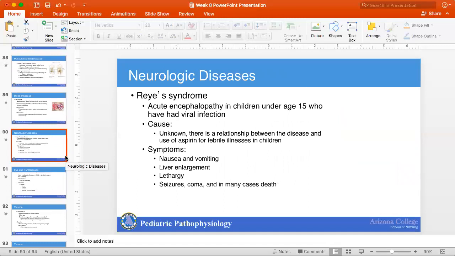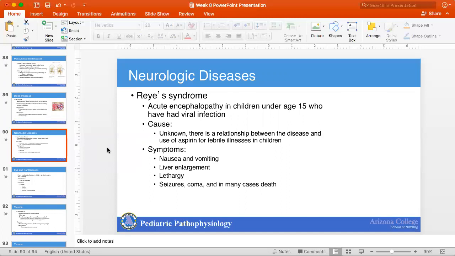Neurological diseases: we have Reye's syndrome. This is an acute encephalopathy in children under age 15 who had a viral infection. The cause is unknown, but there is a relationship between the disease and the use of aspirin for febrile illnesses in children.